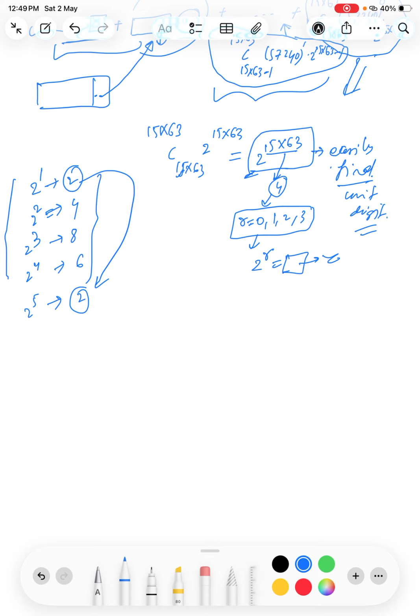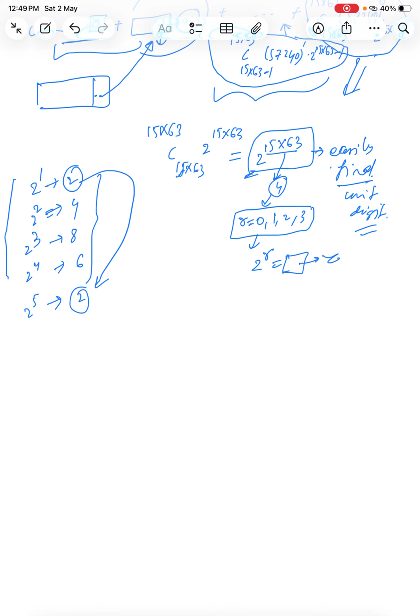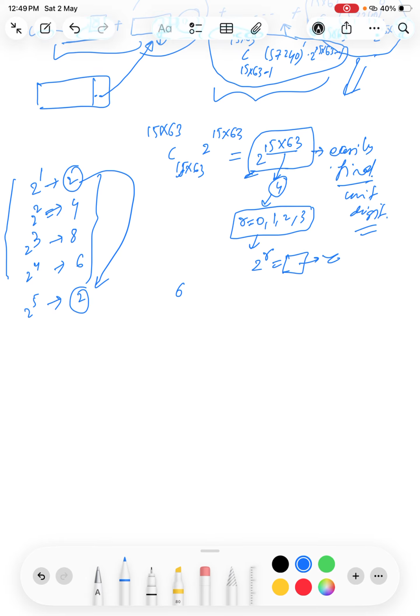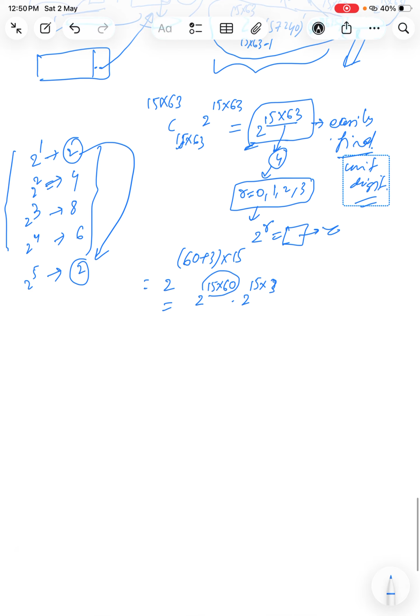Moving on, 15 into 63. 63 can be written as 60 plus 3, so 2 to the power 15 into 60 plus 15 into 3. Here 15 into 60 is divisible by 4.